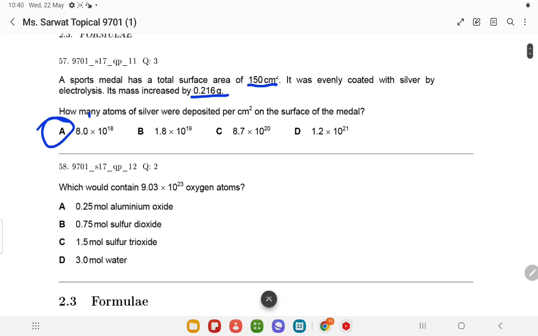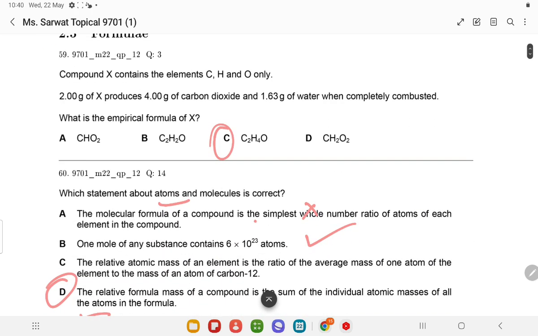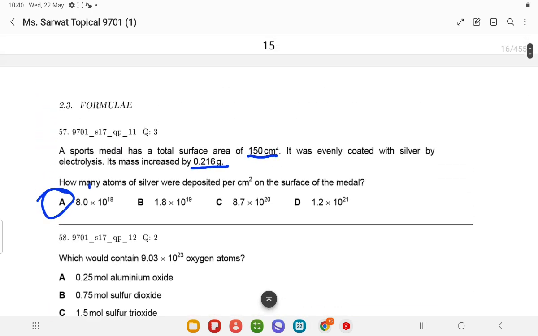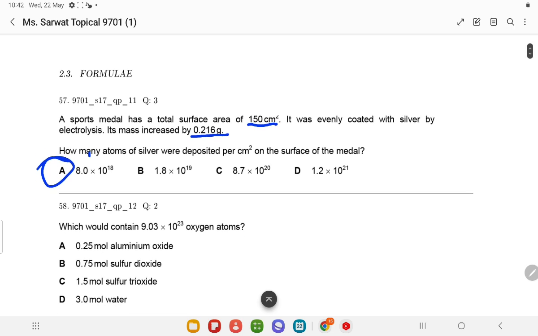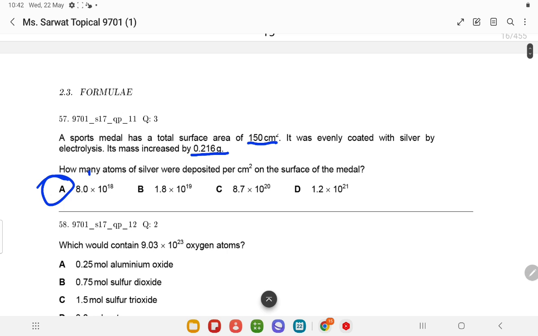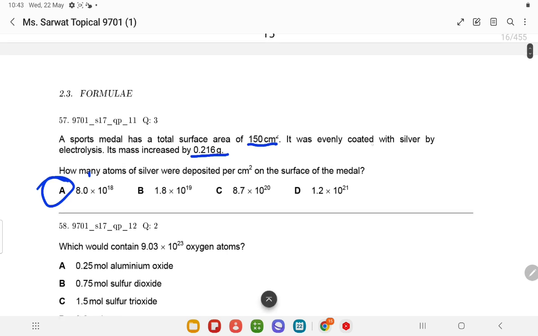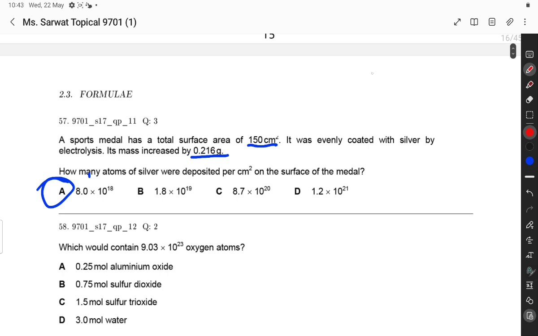How many atoms of silver were deposited per centimeter square on the surface of the metal? So how to calculate this question? The mass increased by 0.216 gram of silver by electrolysis.